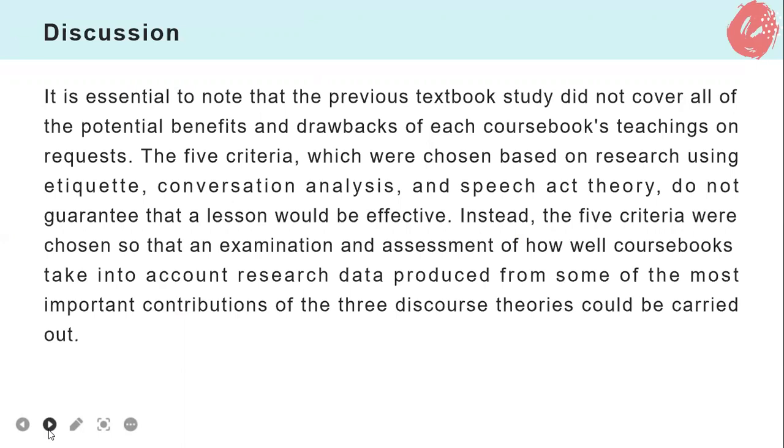The five criteria, which were chosen based on research using etiquette, conversation analysis, and speech act theory, do not guarantee that a lesson will be effective. Instead, the five criteria were chosen so that an examination and assessment of how well a coursebook takes into account research data produced from some of the most important contributions of the three discussed theories could be carried out.